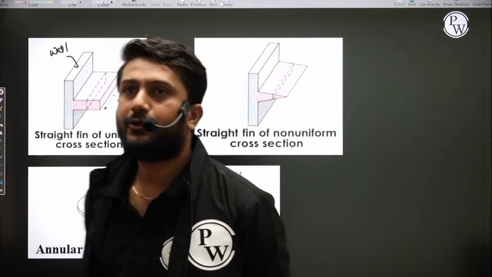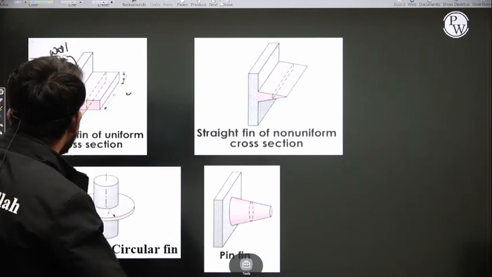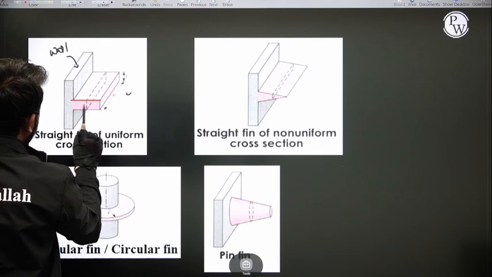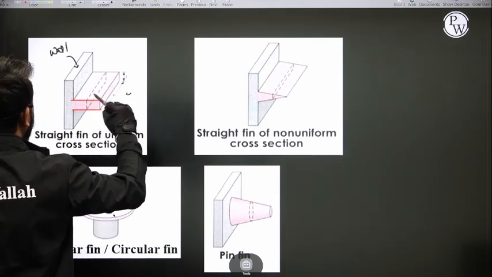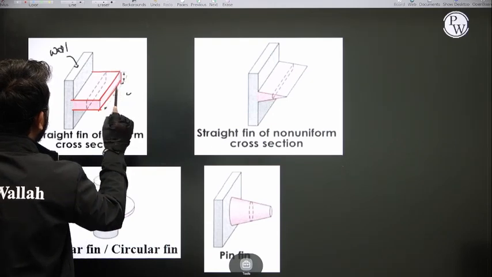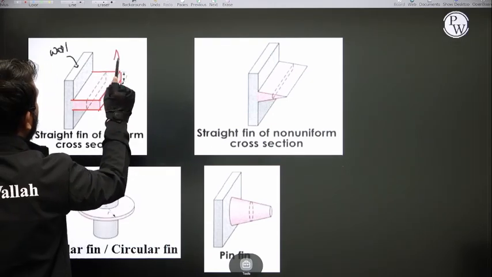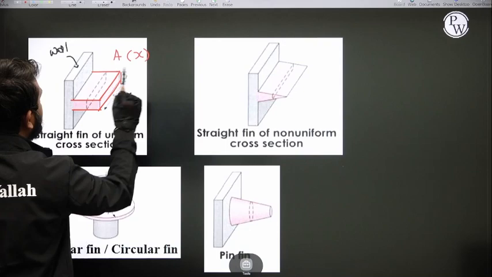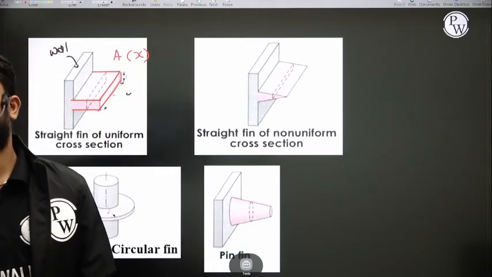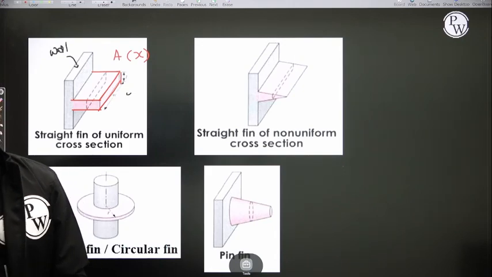See here, uniform cross section. What is the meaning of that? Uniform cross section: area is not changing with respect to x. Rectangular cross section, area is not changing with respect to x. Is it clear?